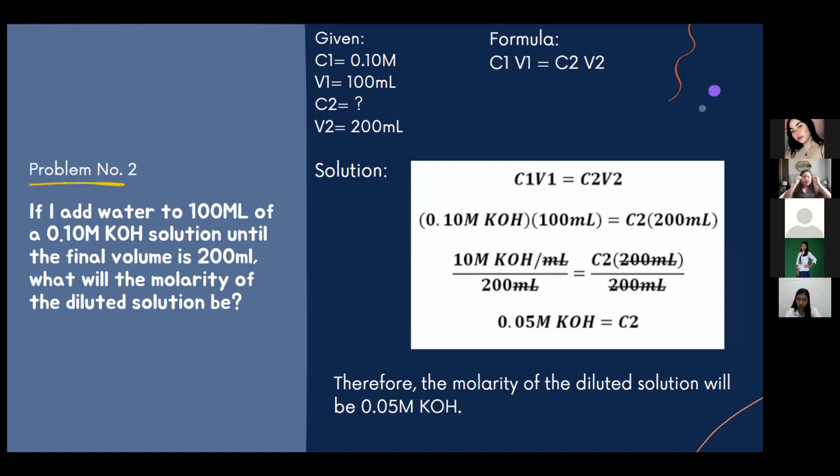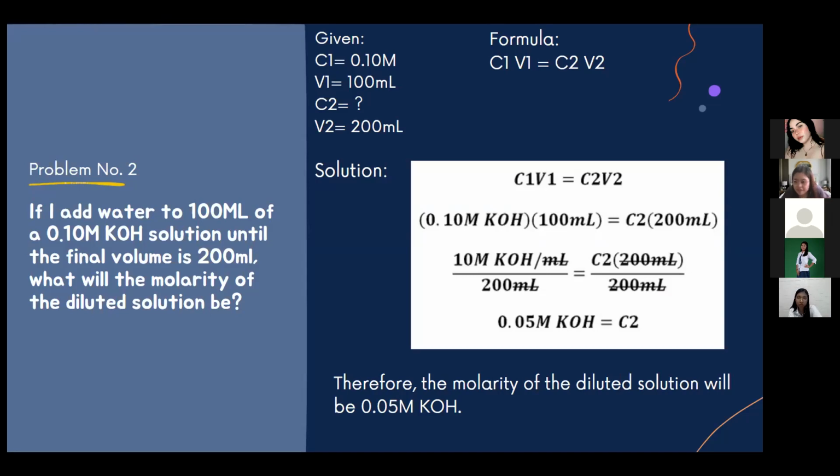To get the molarity, we are using the formula C1V1 equals C2V2. So 0.10 M potassium hydroxide multiplied by 100 ml equals C2 multiplied by 200 ml.